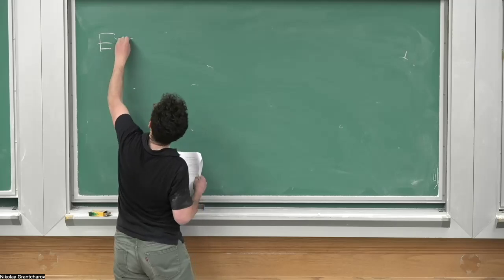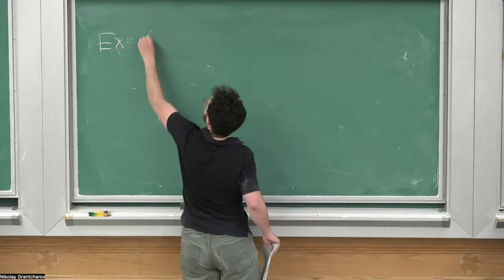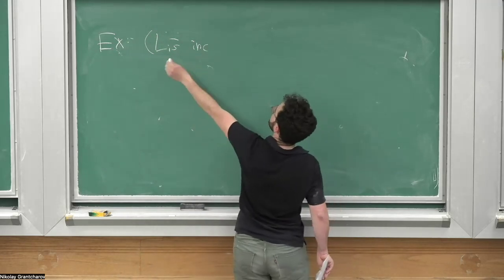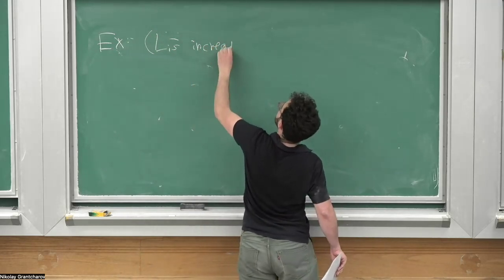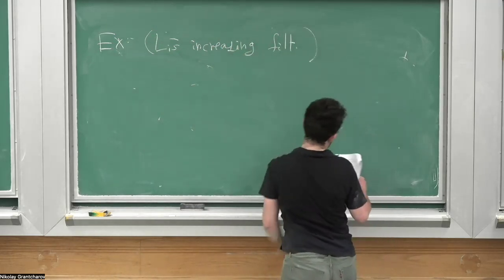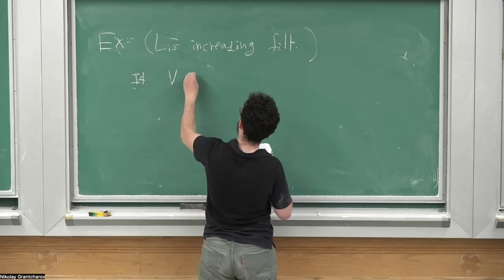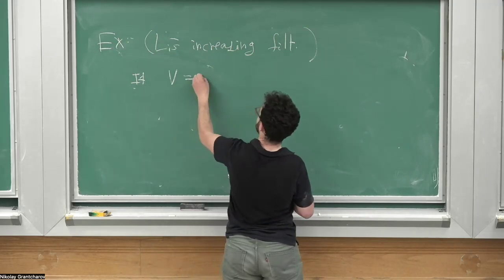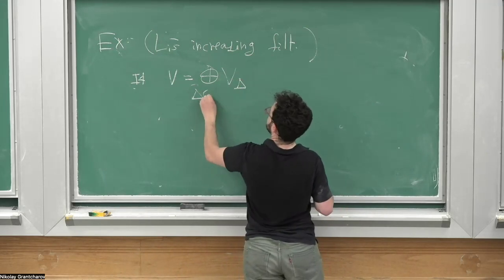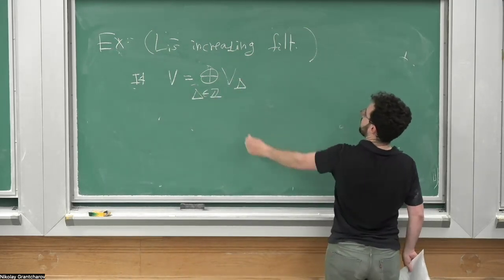Example. This is the example I promised about filtration: the Li filtration. If V is a Z-graded vertex algebra, we can write it as a direct sum over all non-negative numbers of eigenspaces.